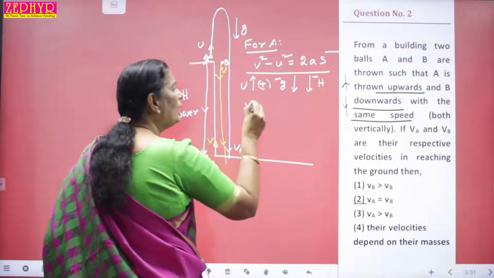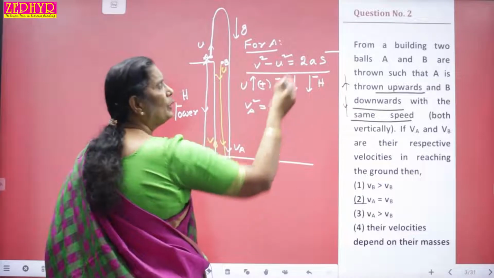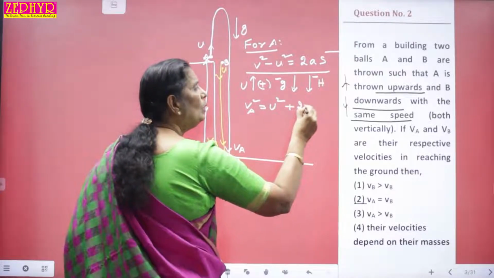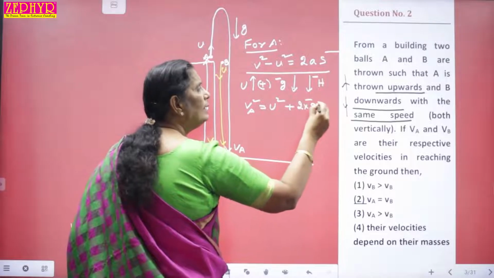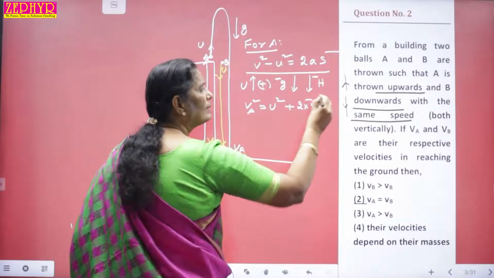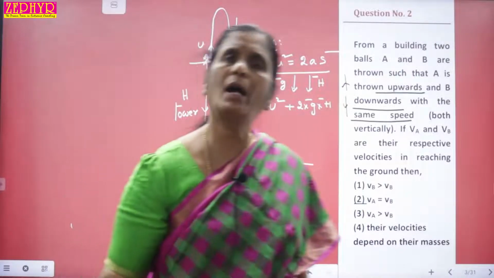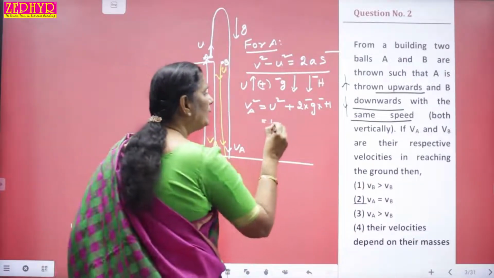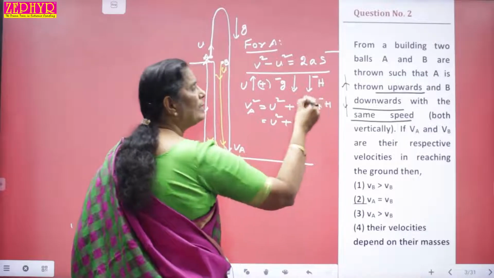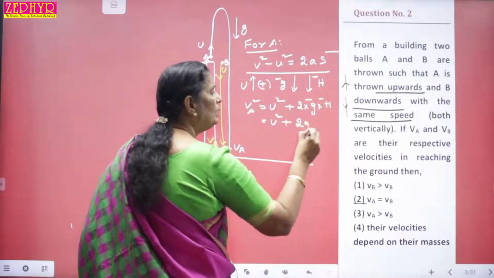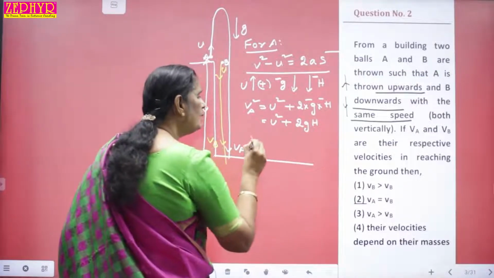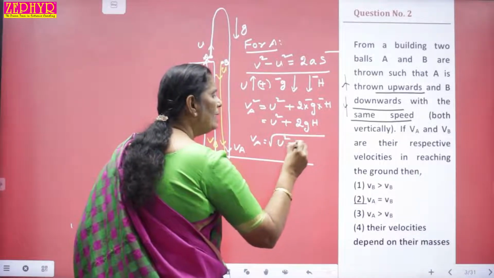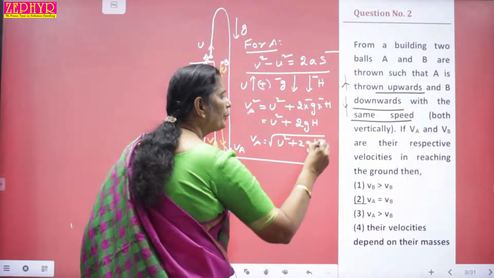VA square is equal to, taking u to that side, u square plus 2 into a, which is minus g, and H is also minus. Both are minus because they are opposite to the direction of the initial velocity. Therefore, this can be written as u square plus 2gh, since minus times minus becomes plus. So this is the velocity with which A reaches the bottom.